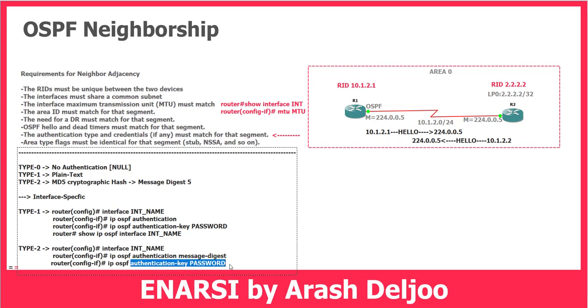Then IP OSPF message-digest-key, then the key ID, after that MD5, then the key string. Here we can configure multiple keys, and these multiple keys can be useful when we want to change the keys. Let me show you one simple example.